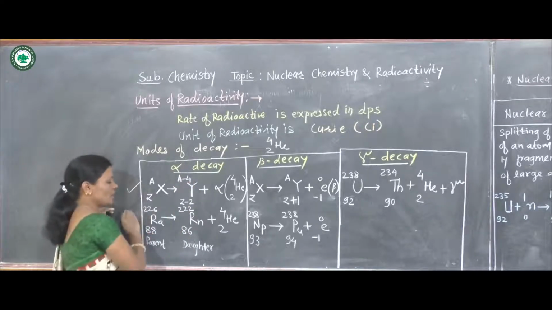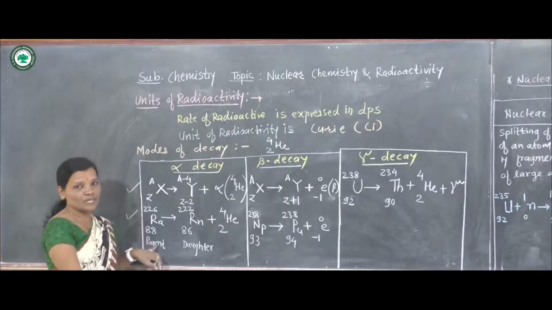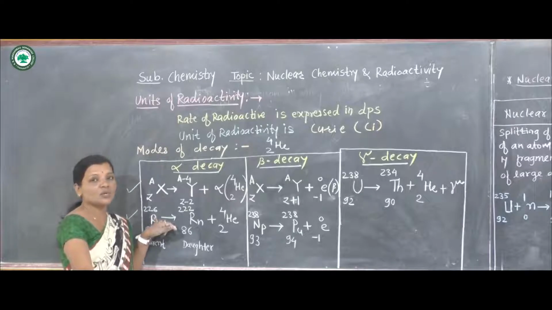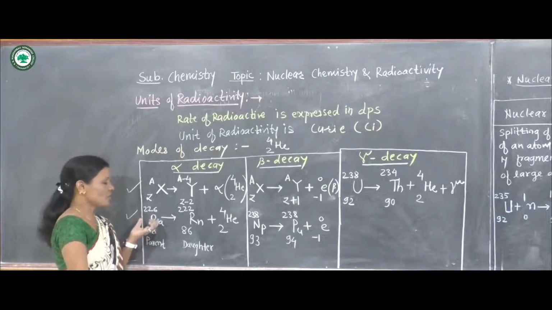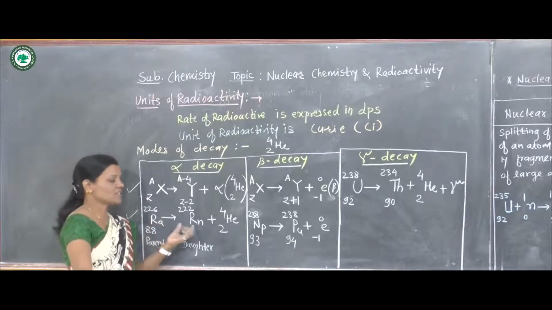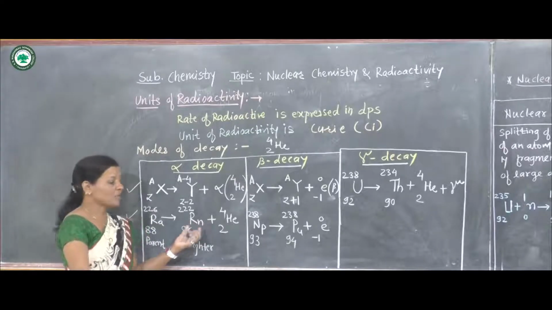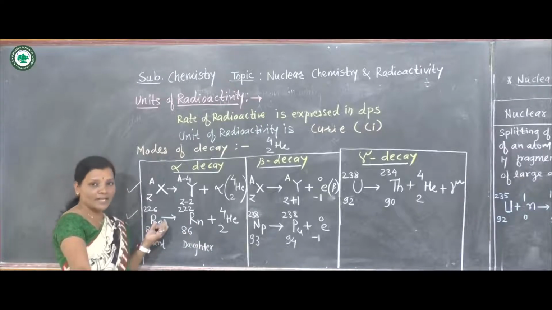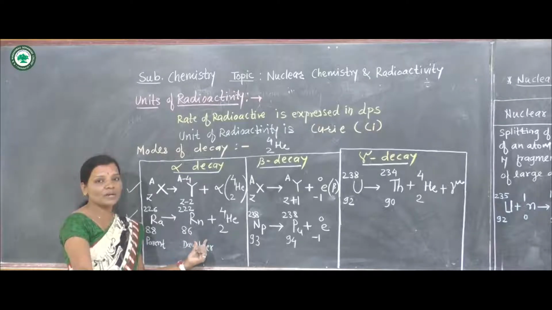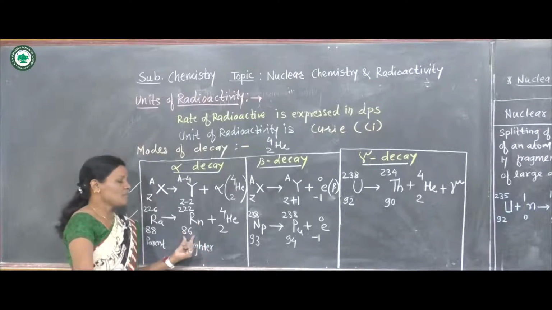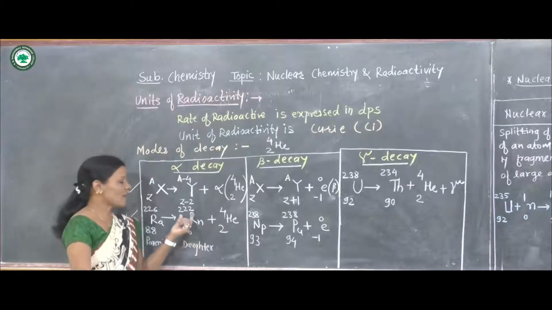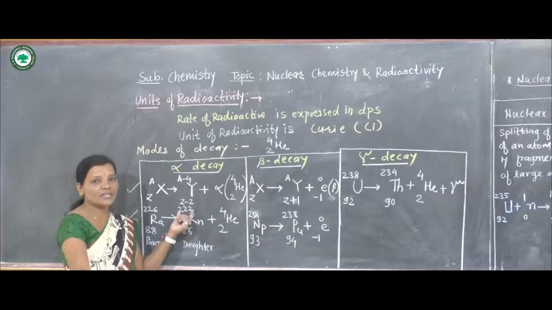For example, consider the radium nucleus, whose atomic number is 88 and mass number 226. When an alpha particle is emitted, the radium nucleus is converted into radon. The atomic number of radium is 88, and when an alpha particle is emitted, its atomic number decreases by 2 and becomes 86, which belongs to radon, with mass number 222.